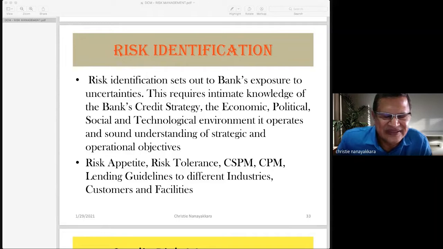Risk tolerance is also another aspect. Now, I told you when you build the structure, you give certain limits to your staff who can approve loans. Those are actually tolerance limits.